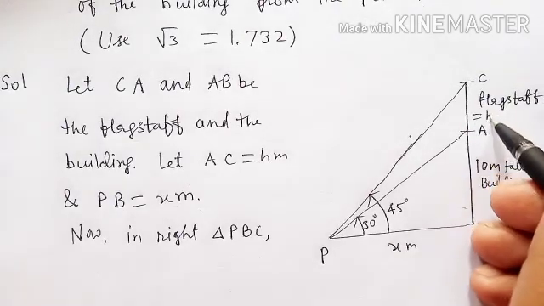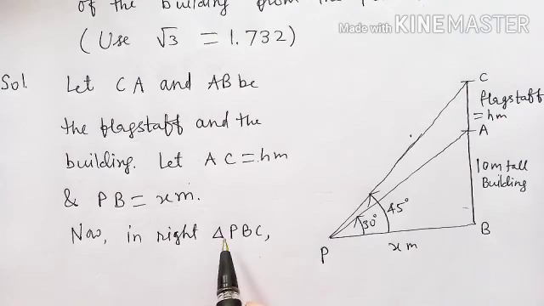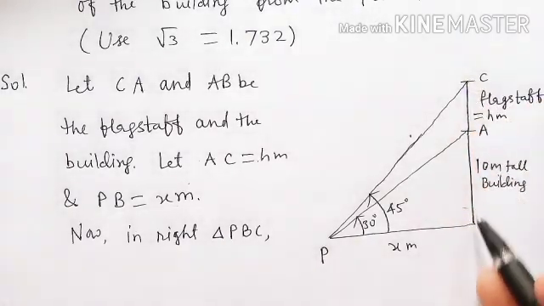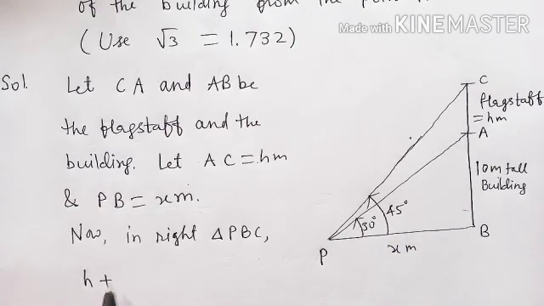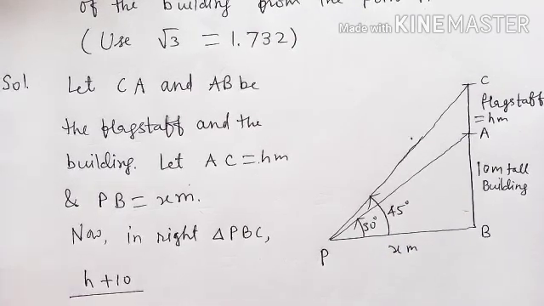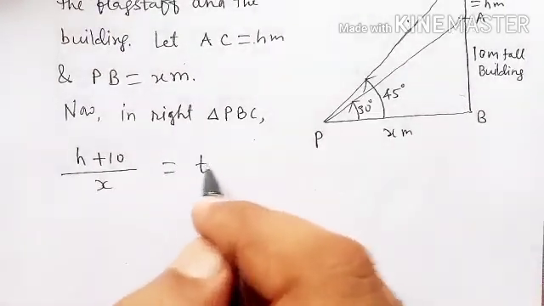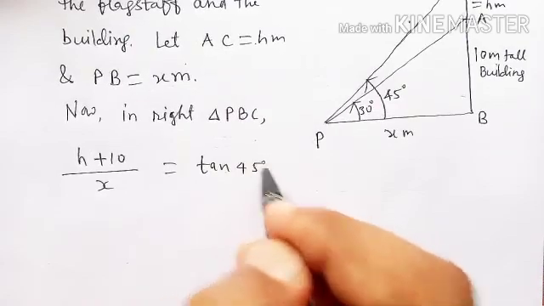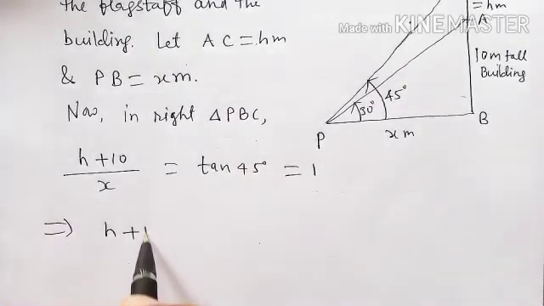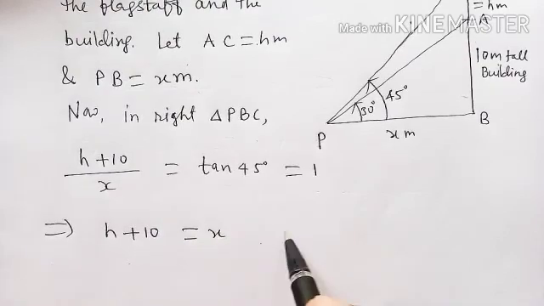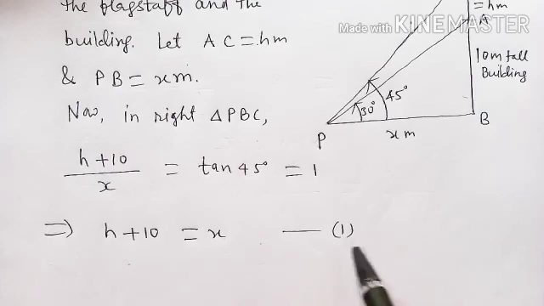This is h meter. So we can write BC by BP as tan 45. BC is h plus 10. BP is x, which is tan 45 degree. We know that this is 1. From here we have h plus 10 is equal to x, right? So this is equation 1. We have the value of x here.